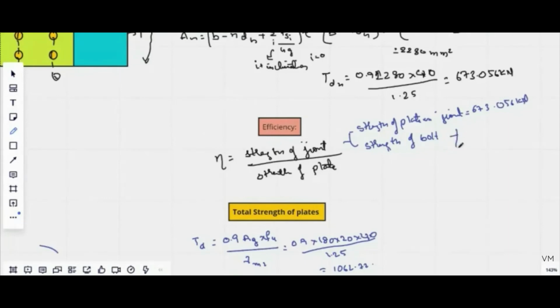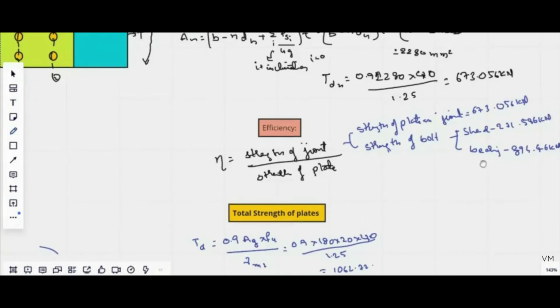In the case of bolt, I have to see the shear as well as bearing, where the bearing value will be across what we got, 894.46 kilonewtons, whereas for shear we got 271.586 kilonewtons.